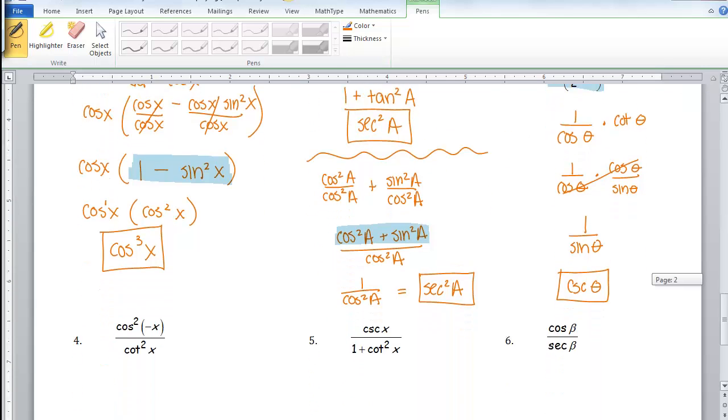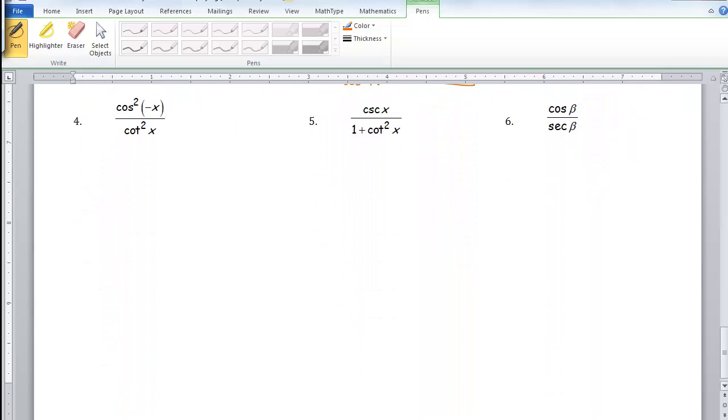Let's move on to number 4. In number 4, again, I'm going to notice right away that I have a negative angle function. Now, this one is special because this one isn't just a negative angle. This is cosine squared of a negative angle.